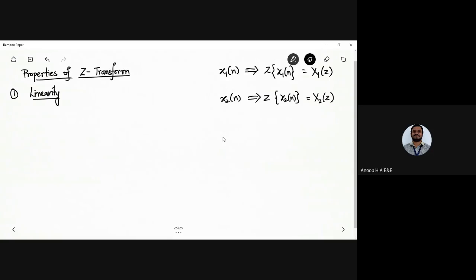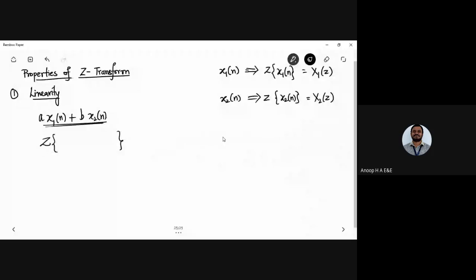Now if I have the sum of these two signals with constants associated with it, say a x1 of n plus b x2 of n, this might be the weighted sum of the inputs to any discrete system that is present there.